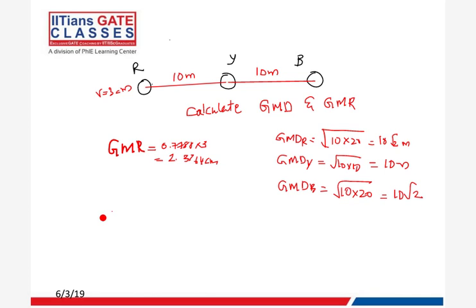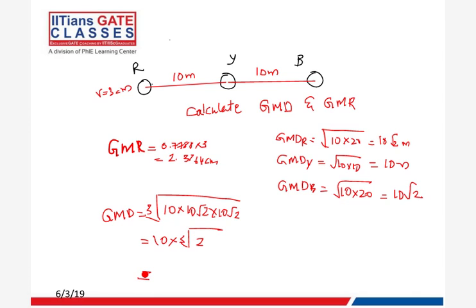So the effective GMD will be cube root of 10 into 10 root 2 into 10 root 2, that is 10 into cube root of 2.